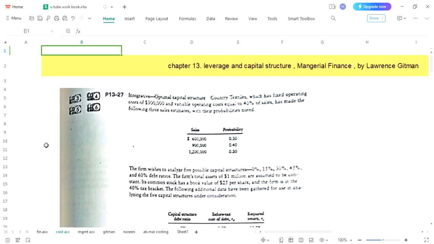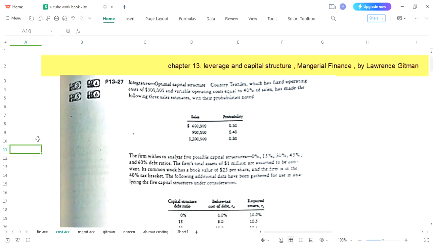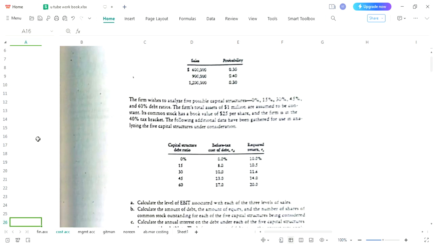In this way we have completed just two parts. 0% debt was completed, and then 15% was also completed. We will now be doing the 30% debt ratio.